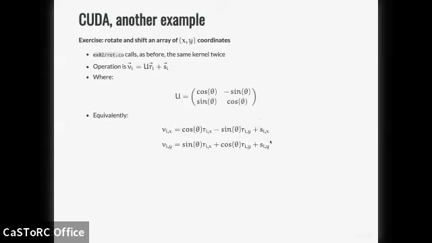If what I said sounds foreign, what you need to know is basically that you're just doing this operation in a big loop for i going from 0 to n.